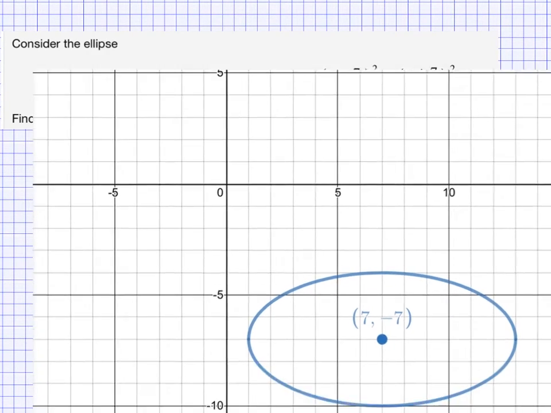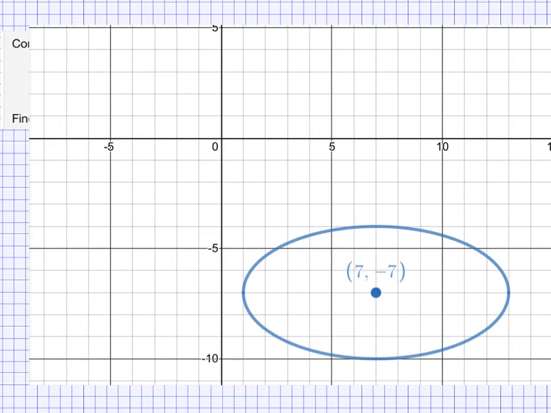This is what the graph looks like for that. My center is at 7, negative 7, and my distance from my center to my major vertex is 6, and then my distance from the center to my minor vertex is 3.